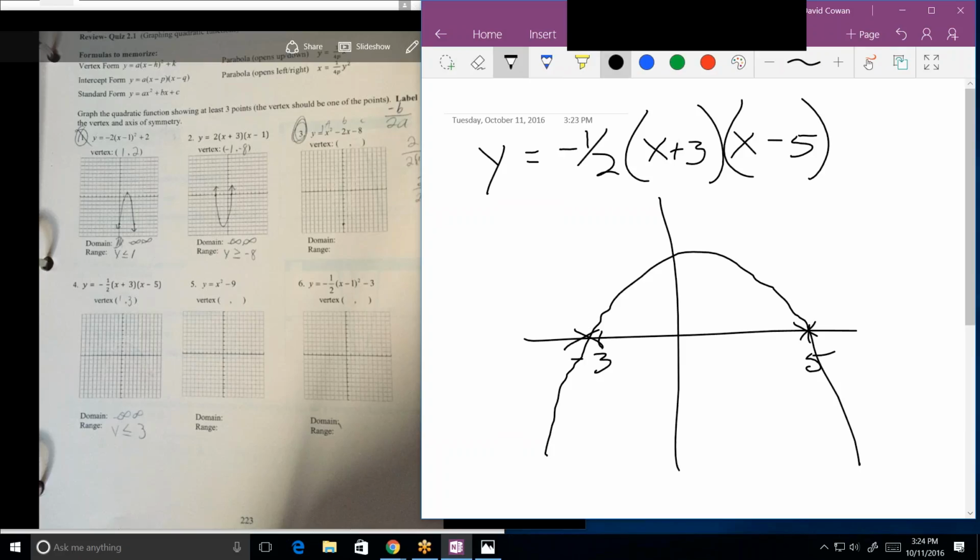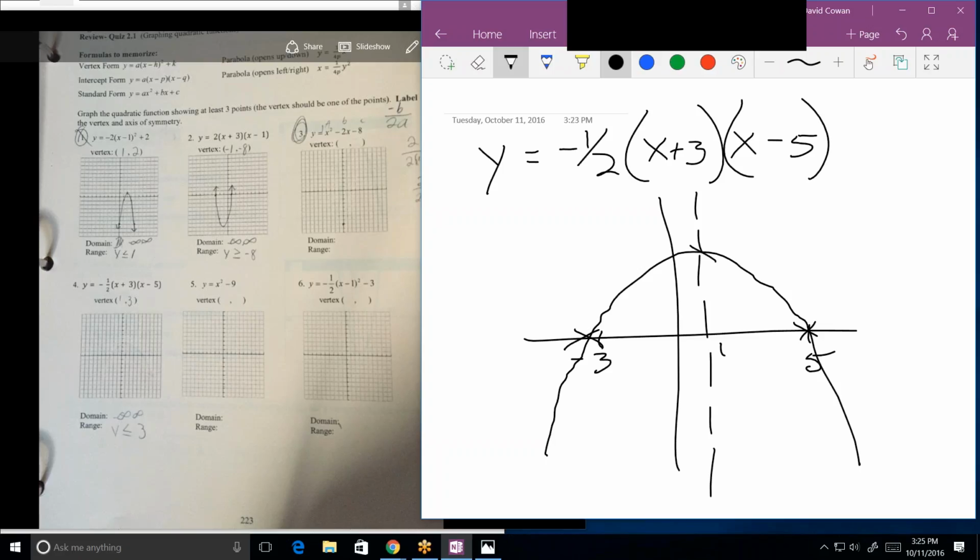Very simple step: find the axis of symmetry. Part of the question says find the axis of symmetry. It's a vertical line. What is the equation of that line? x = 1. We know the axis of symmetry runs through the vertex and is halfway between the x-intercepts, which is at 1.